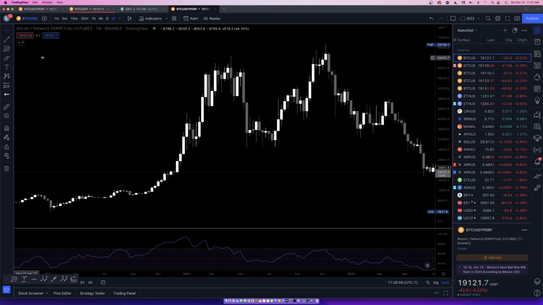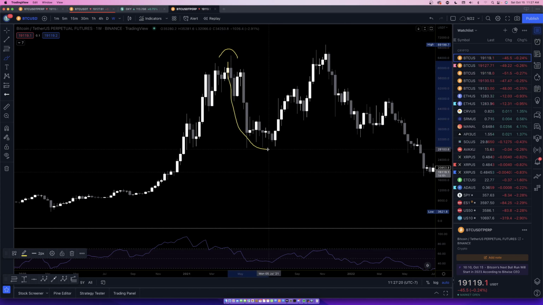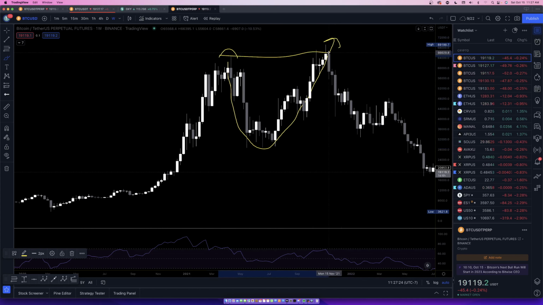So right here, back in April, Bitcoin hits its all-time high, right? That's $65,000 on Bitcoin, right? You can see right here, the RSI is hovering at about the 71, 75 range right there. Price comes down, price breaks the all-time high, right?